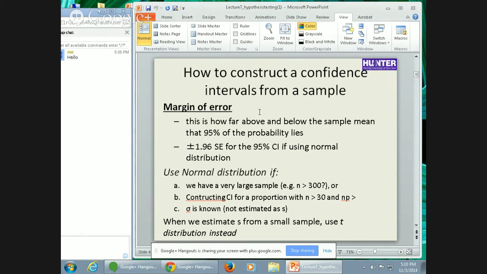Or if we're constructing the CI for a proportion with n greater than 30. We always make the normal approximation for proportions where n is greater than 30 and np is greater than, oh, I went to write this down and I forgot what the rule of thumb was that I had told you. I think it's greater than 5. I can never remember these rules of thumb. What's that?